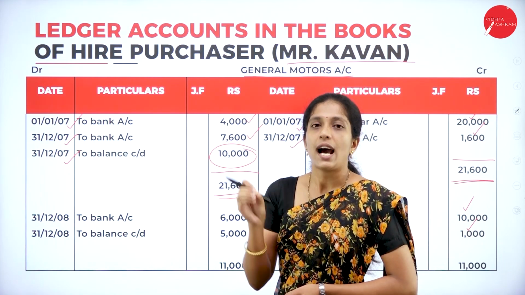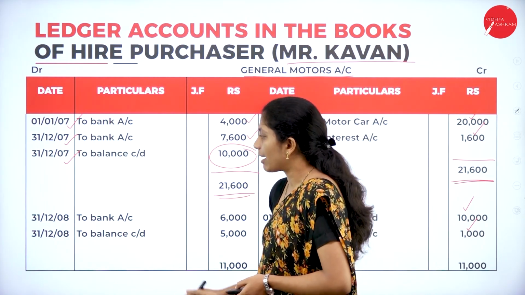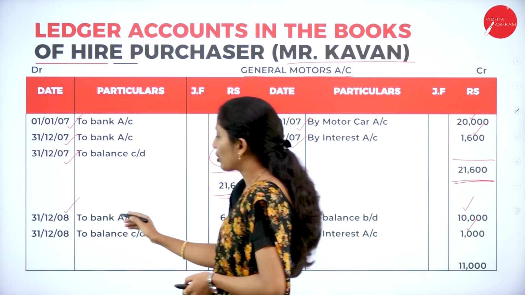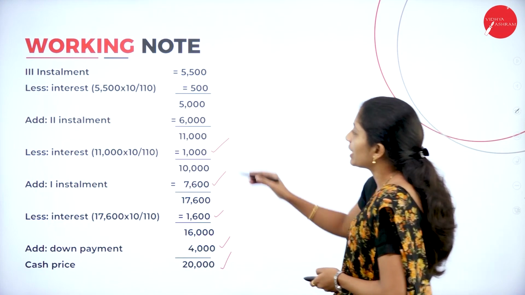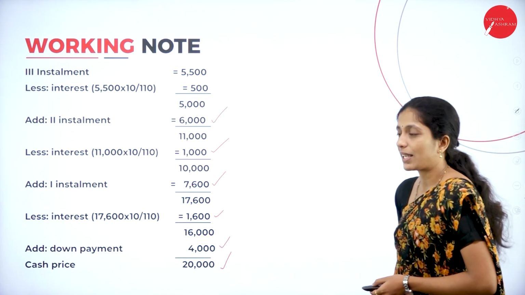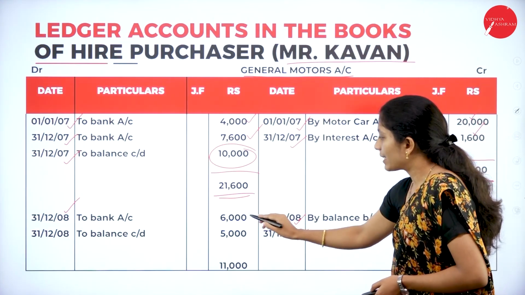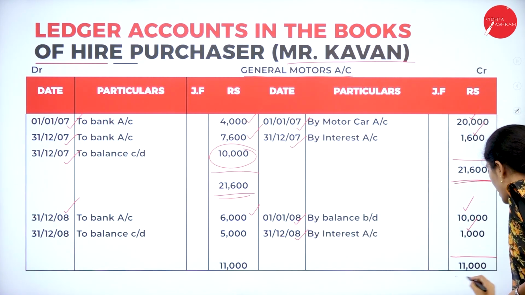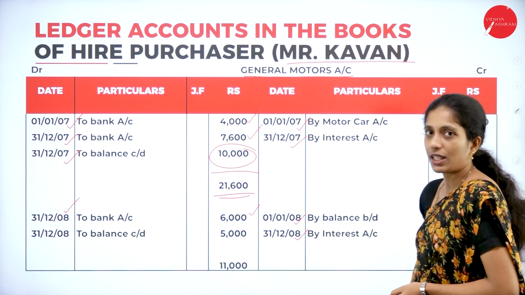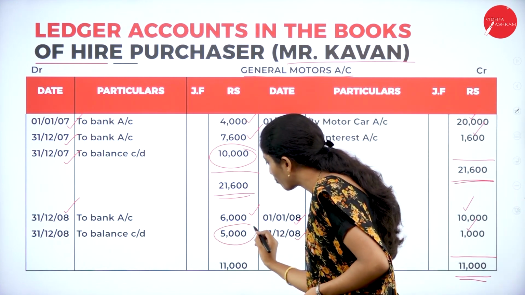After interest due, the next entry is installment paid. So what is the entry? Hire seller account debit to bank account. So that is on 31/12/08, to bank account. So what is the second installment? They have given it in the question itself. The second installment is 6,000. So write this 6,000. Now as usual, balance both sides. On the credit side it's 11,000, whereas on the debit side you get a balancing figure of 5,000.